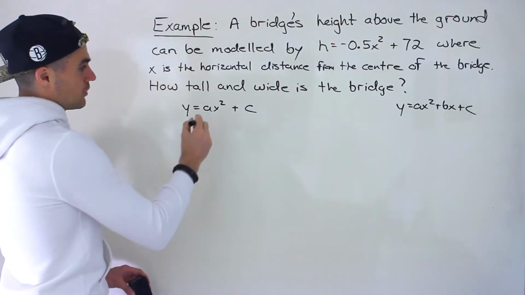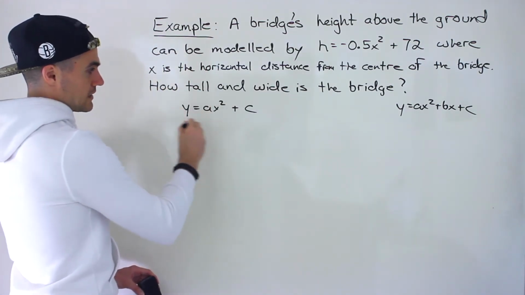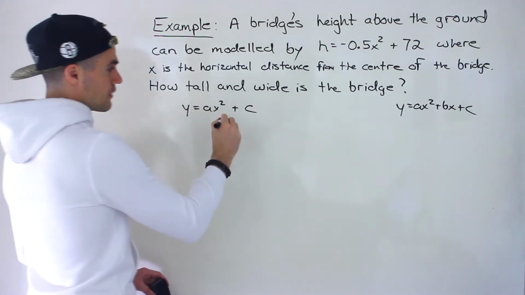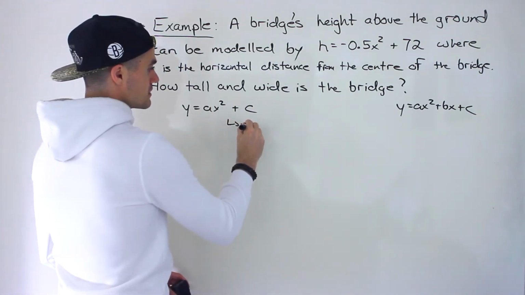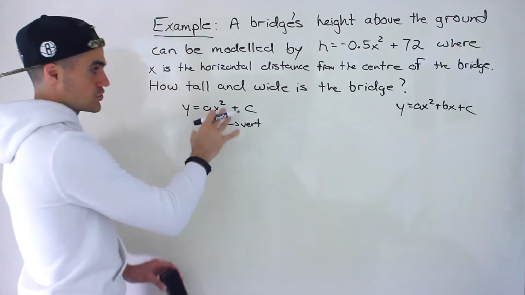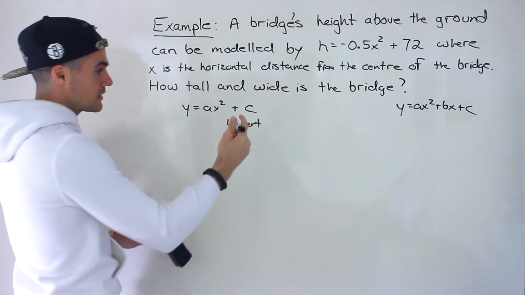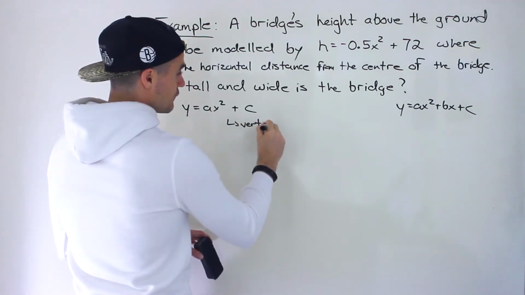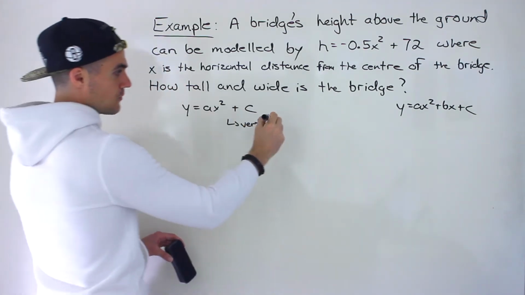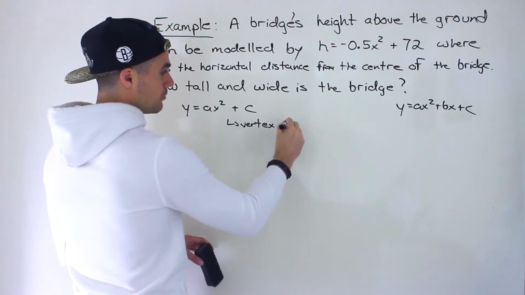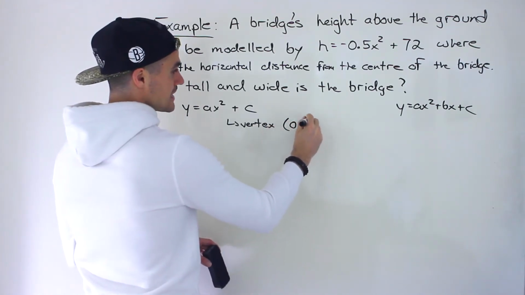Whenever you have a quadratic in this format, whether you're dealing with a word problem or an abstract quadratic, the vertex is always going to be at the point (0, c).